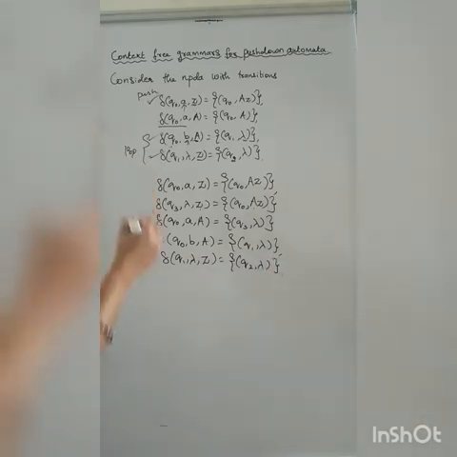So for these transitions only, we are going to define the grammar. For defining the grammar, we have to make use of the things that we have discussed in the previous video.